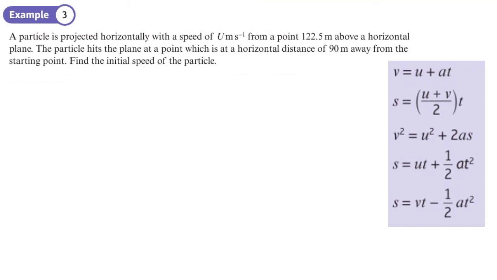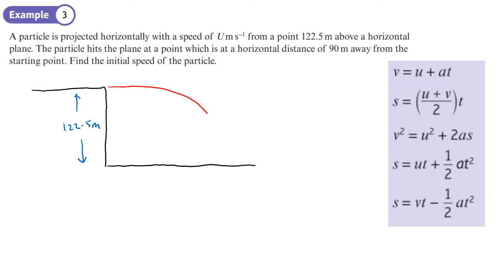Okay, example 3. So again, another horizontal projection here, and my little diagram like this. This time we do know the distance above the point of projection, and that is 122.5 meters. It's doing this motion again, like that, and falling down.